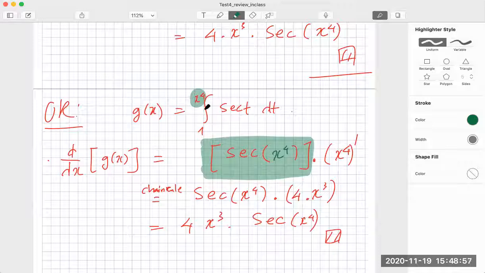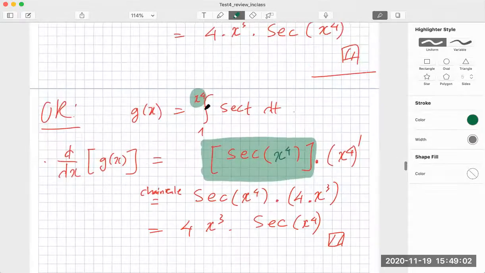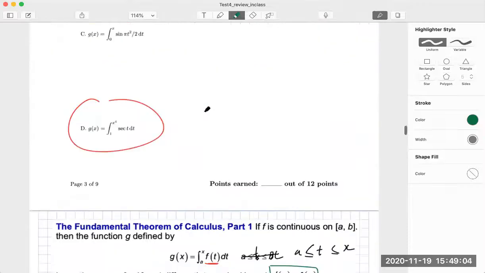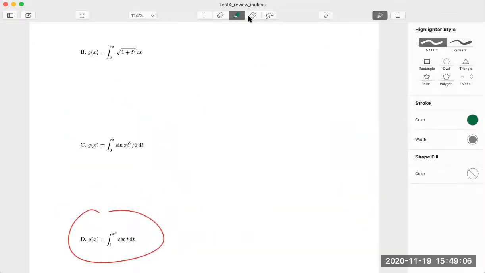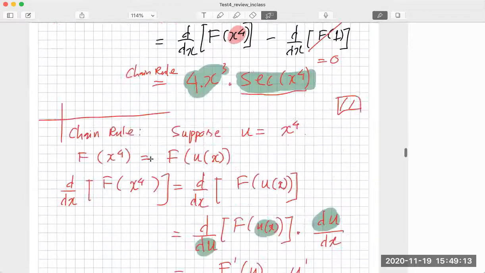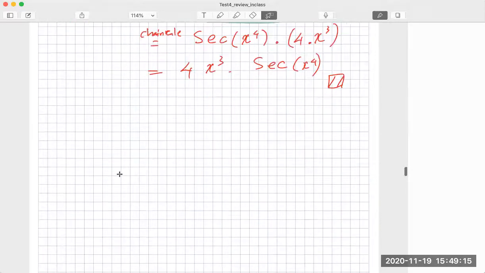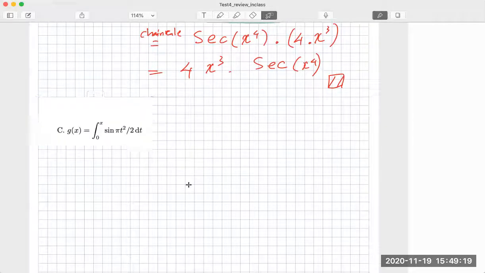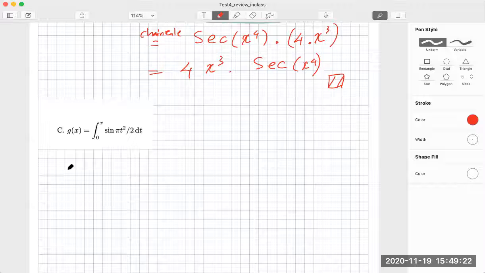Let us move on to another example. Let us do this one, question C. From the fundamental theorem of calculus, d over dx of g of x.